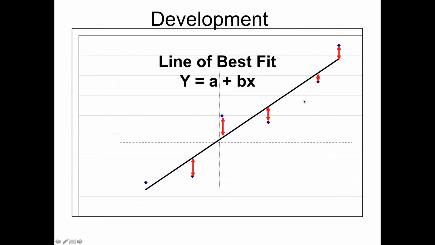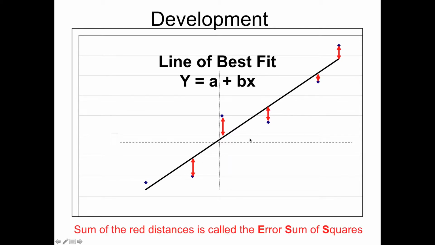The easiest way is to square them, add them all up, and minimize that distance from this line. That sum of squared distances is called the error sum of squares. It's the error that the line does not explain.